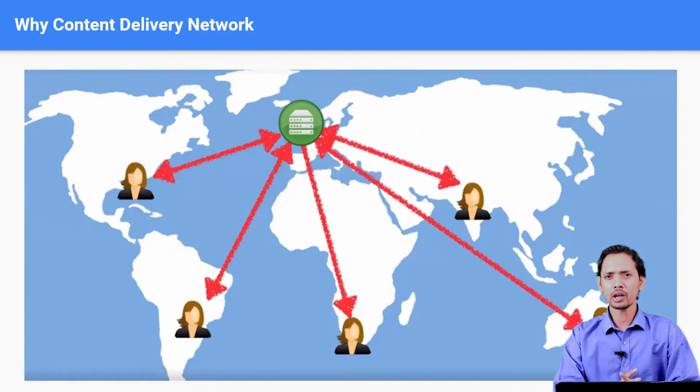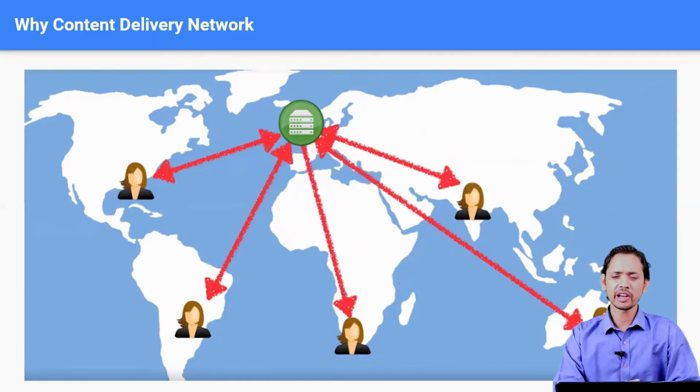Now all of them are accessing the same kind of content, but the user experience of each of these could be different, since they are geographically distant from our origin server, so it might take a long time to actually deliver the full content to the user. This will include high latency, which could not be the best user experience that the user gets. Also, you need to transfer your data from origin to the user every time a user accesses your request, which is not a good use of the bandwidth that you have.